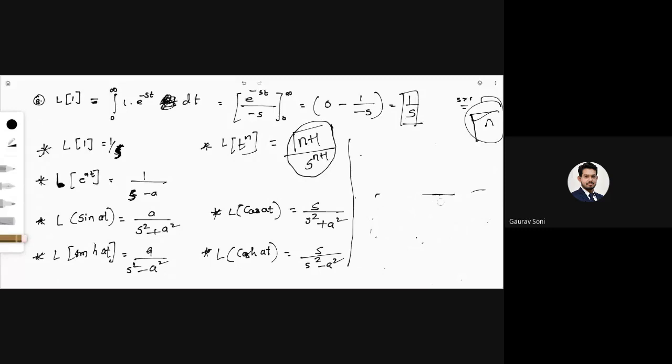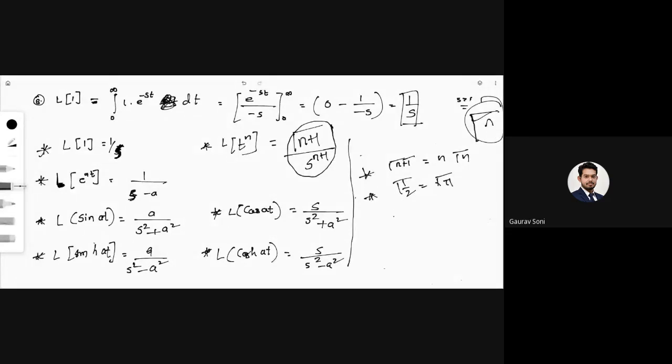The two very important rules, if you want to find gamma of any number: gamma of n plus 1 is equal to n gamma n. This is one property, and the other property you will need is gamma of half is equal to under root pi.